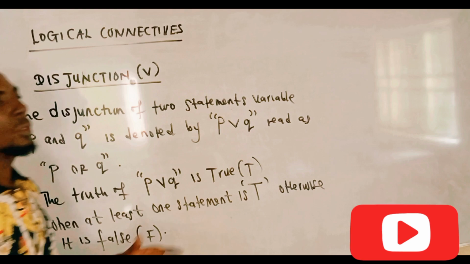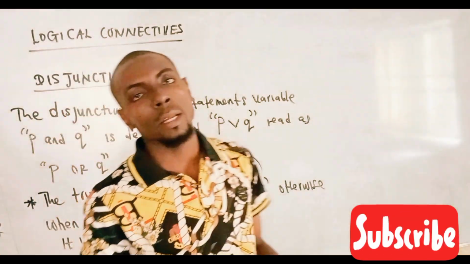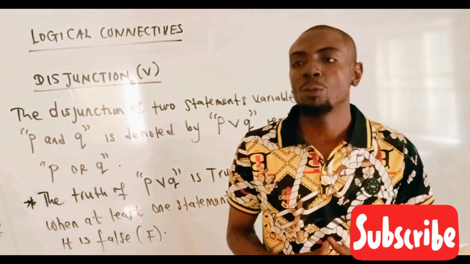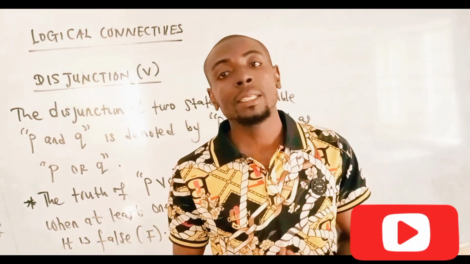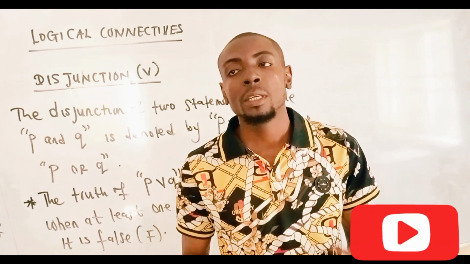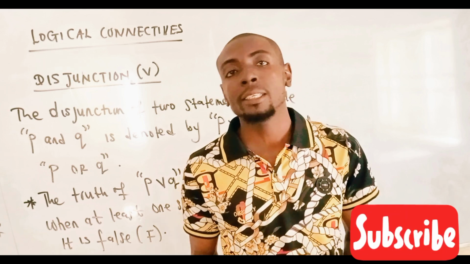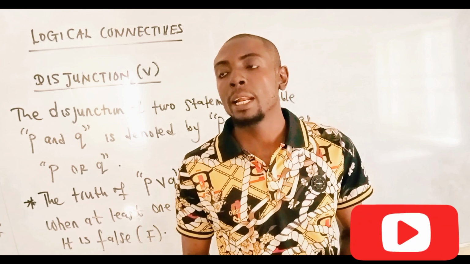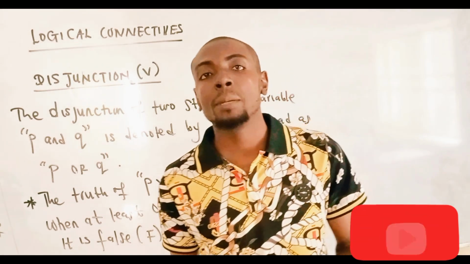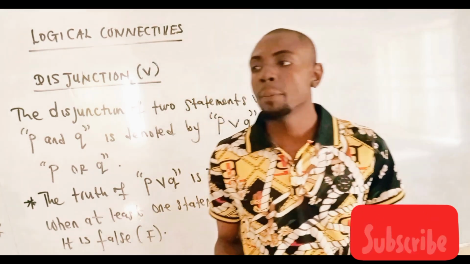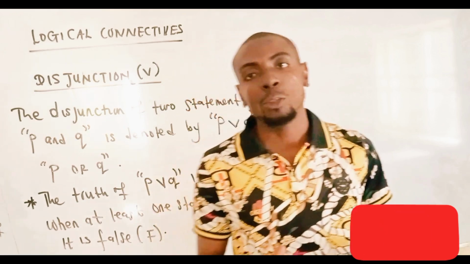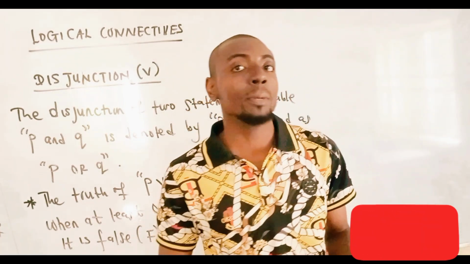So when you use the symbol or in a sentence, what you're trying to say is that at the moment of speech one of the statements is positive. The two statements can't be negative at the same time. Let's say P says that the dogs are barking and Q says the birds are singing. When you say the dogs are barking or the birds are singing, it means that at the point of speech, one of the two must be happening.